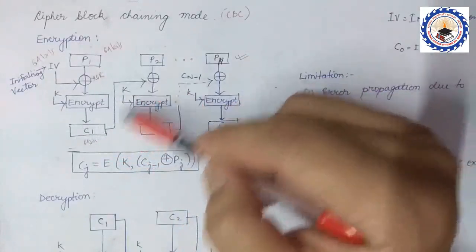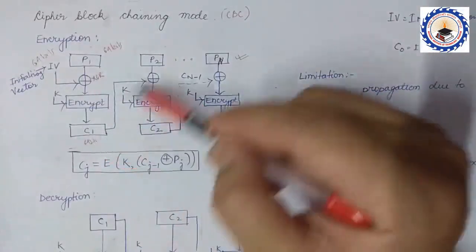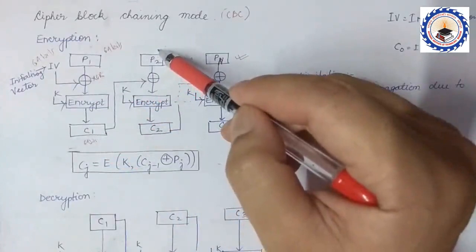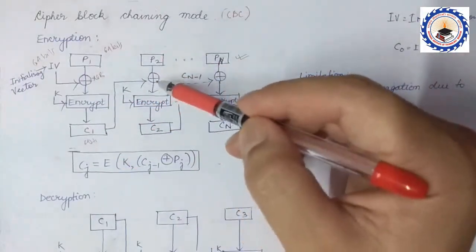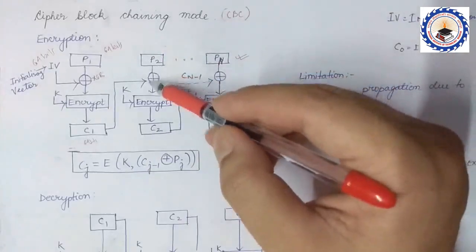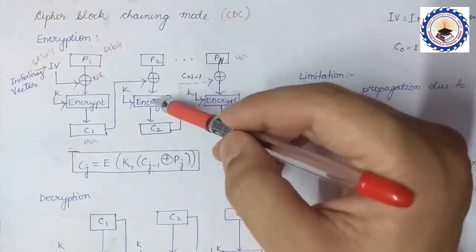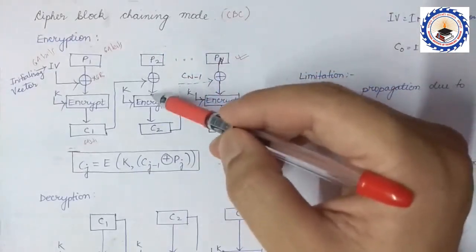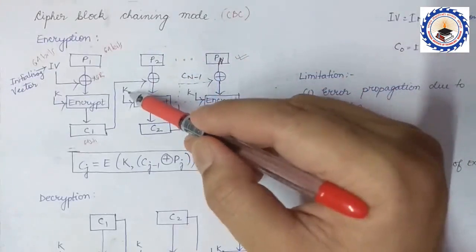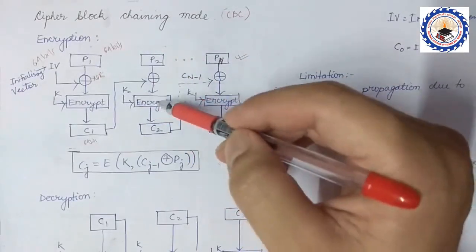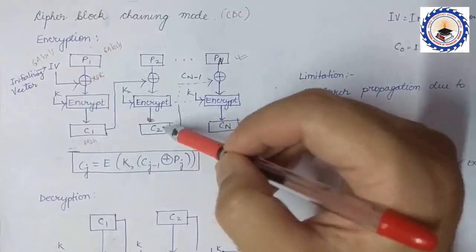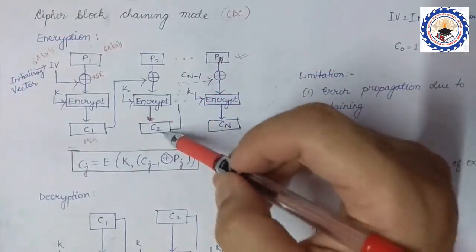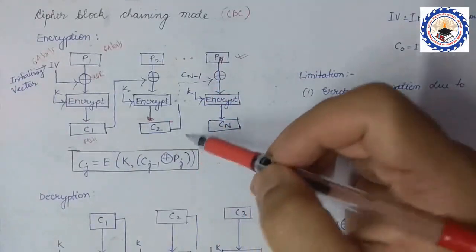The size of this chaining is 64 bits, and the plain text block is also 64 bits. We perform the XOR operation again, then the encryption with the key, and we get the ciphertext.